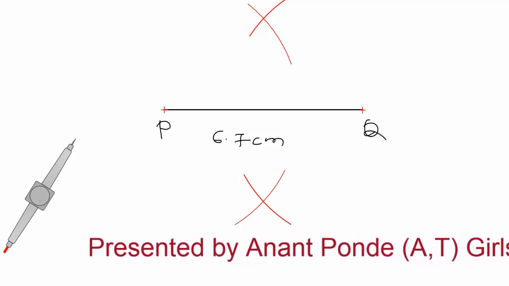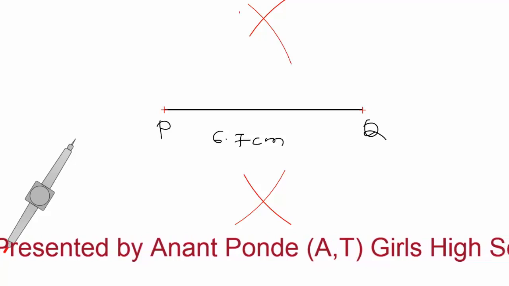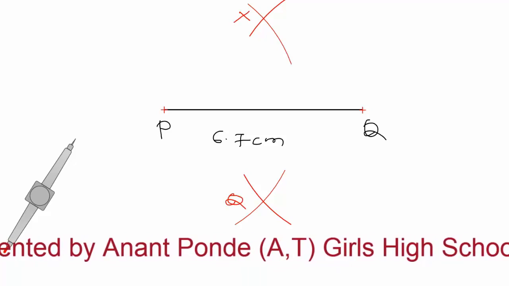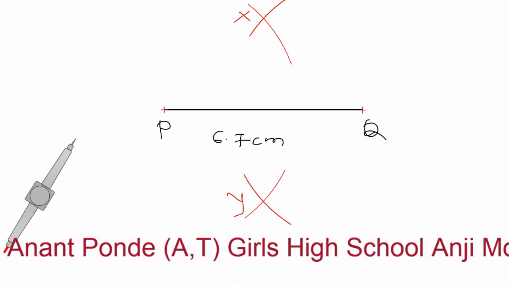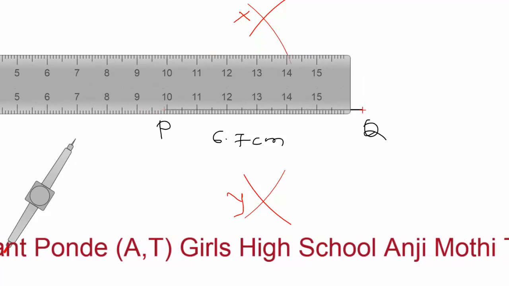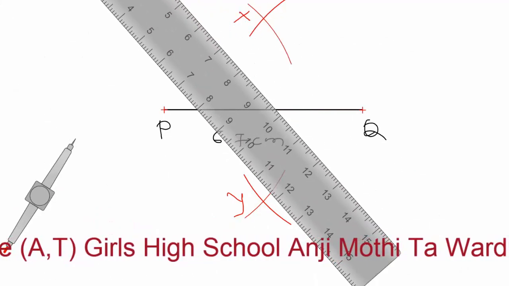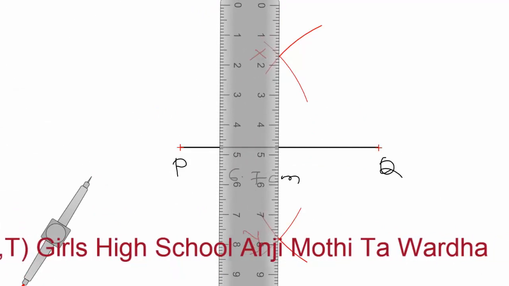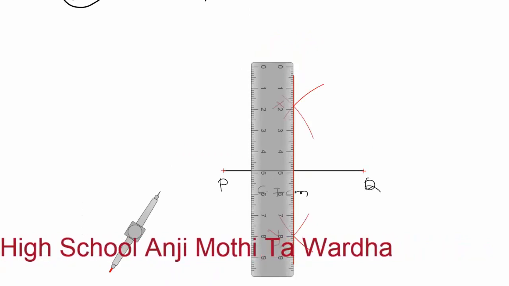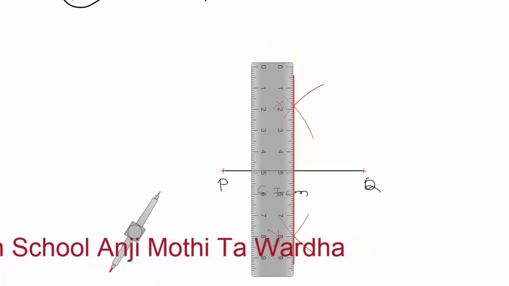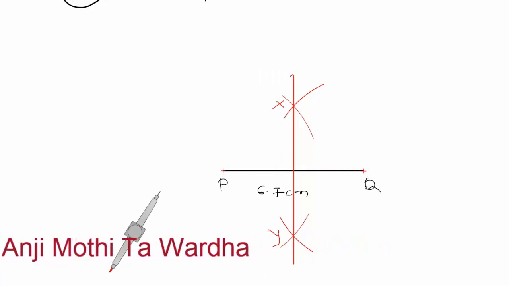Then give names to the intersected points. Here are the points X and Y. Join these 2 points with the help of a ruler. Draw the line by joining the 2 points X and Y as shown in the figure. Lift the ruler and show the arrow at both the ends.